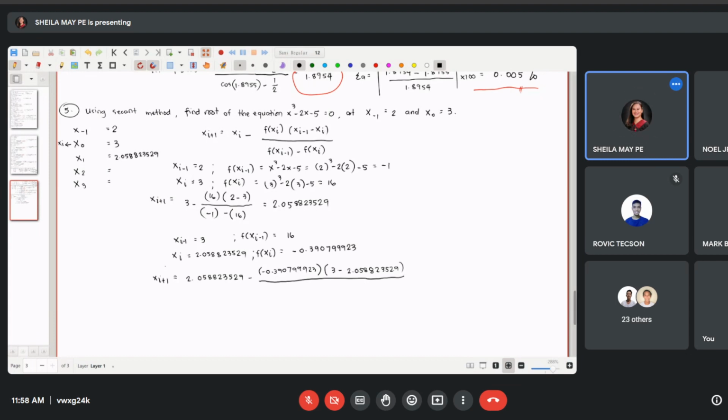Function of our x sub i minus 1, that's 16, minus function of our x sub i, 0.39079923. So we get 2.0.